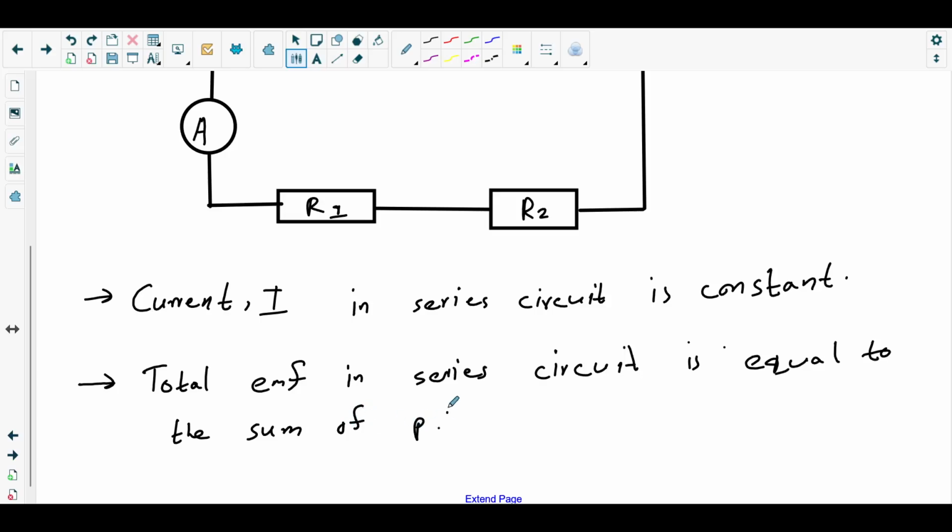I hope all of you know the difference between EMF and PD. EMF is basically the PD across the power source, that means the voltage of the power source, and PD is basically the voltage of the component, that means the used up voltage.